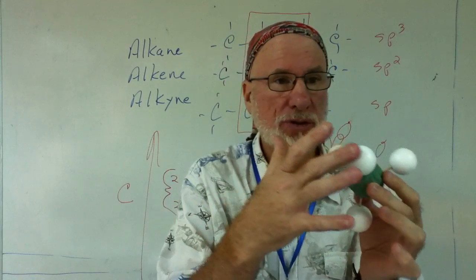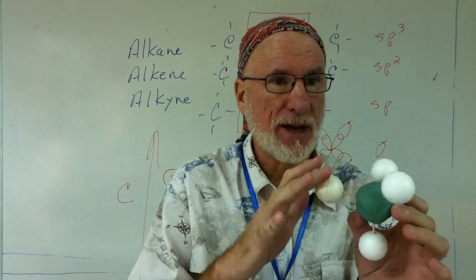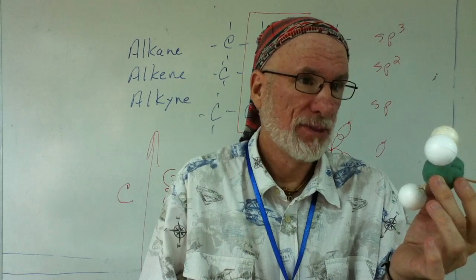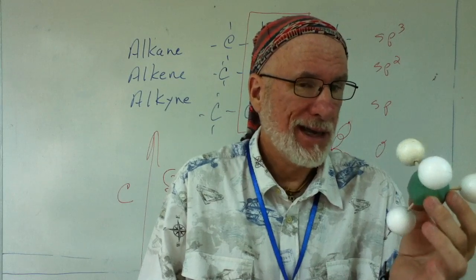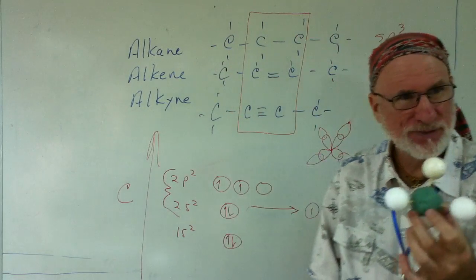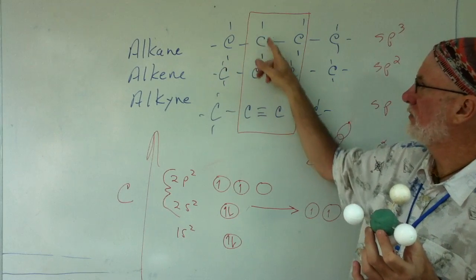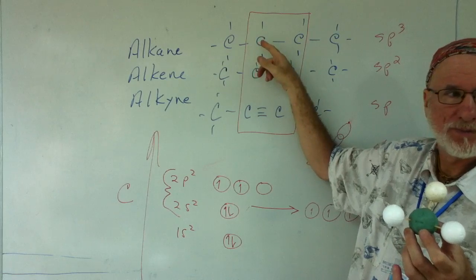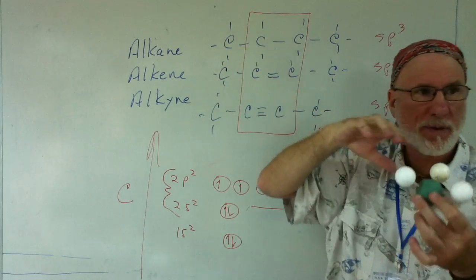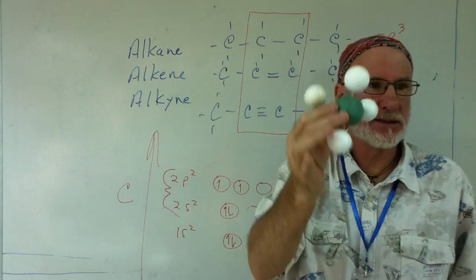Now, if I put 4 hydrogens on there, that's called methane. Correct? If you look at it, these are all kind of like individual tetrahedrons that form. These bonds all form at 109.5 degrees.